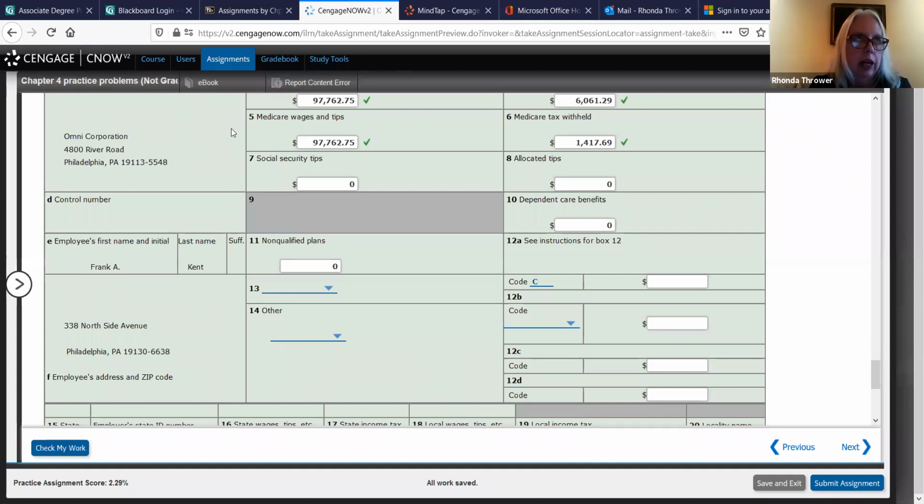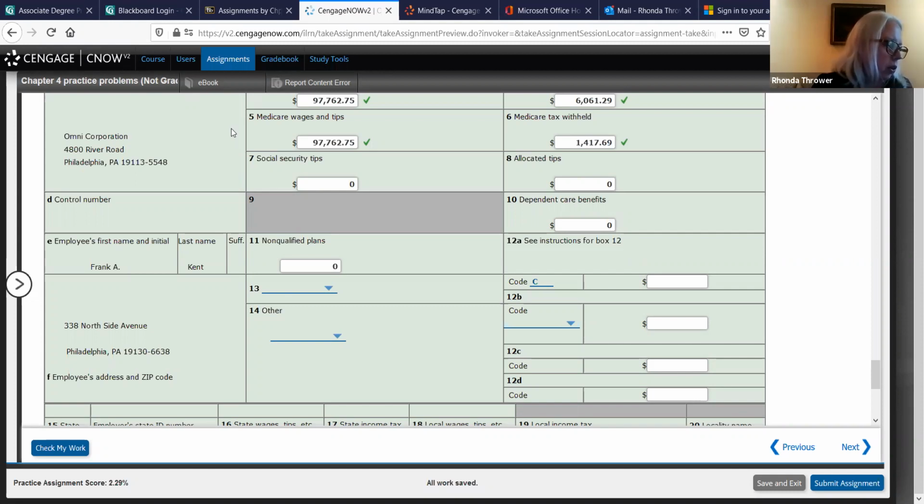If you've got a hard copy of your text, look on page 25 of chapter 4, and they have that figure 4.9 for you, and you'll look up the reference guide to box 12 codes.